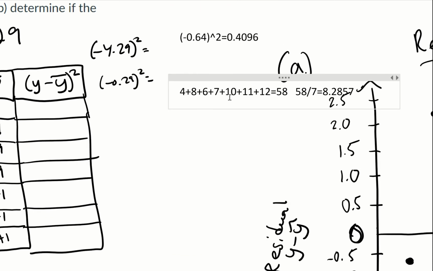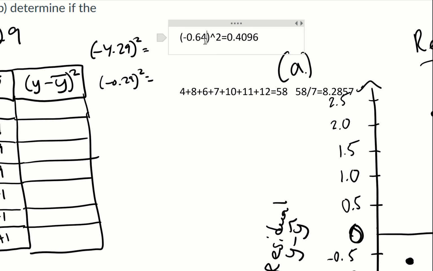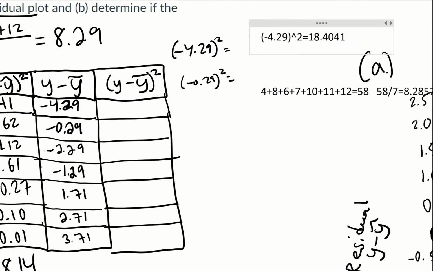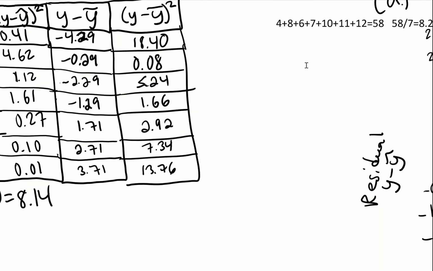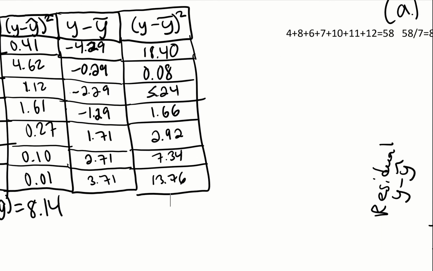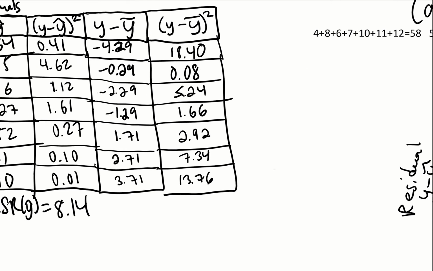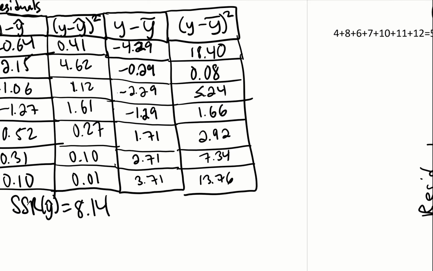The first one is about 18.40, and so on. All right, so we went ahead and filled in the rest of the squared values for y minus y bar. So next we're going to determine the sum here.